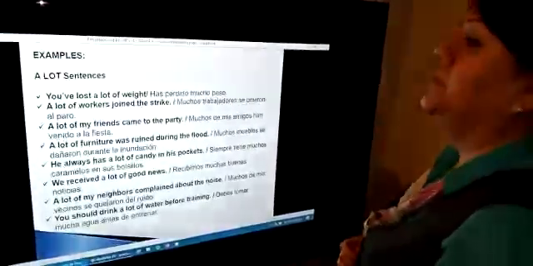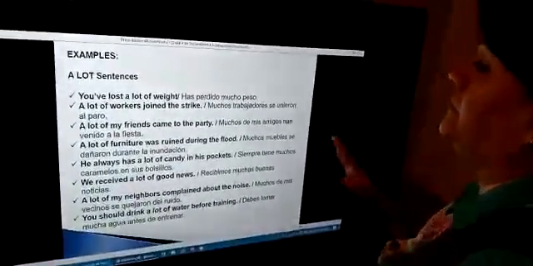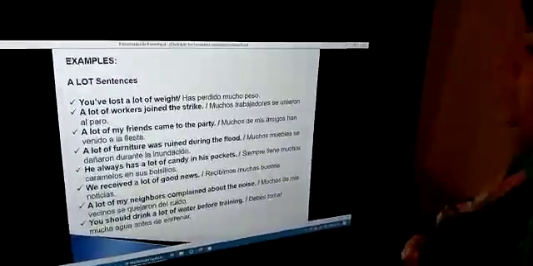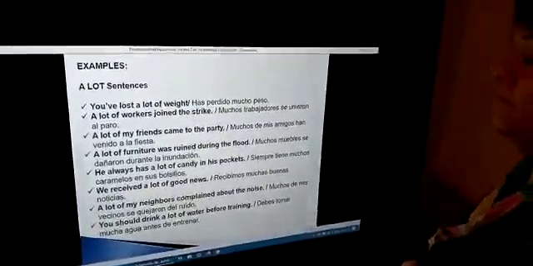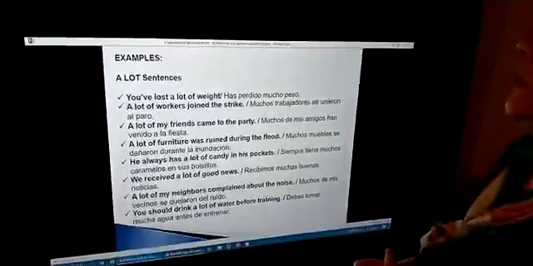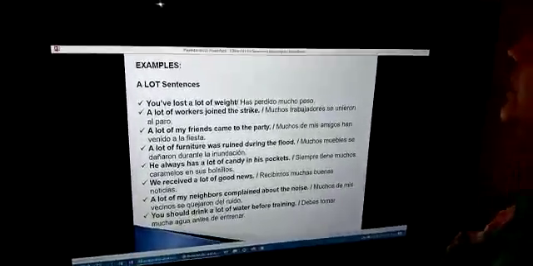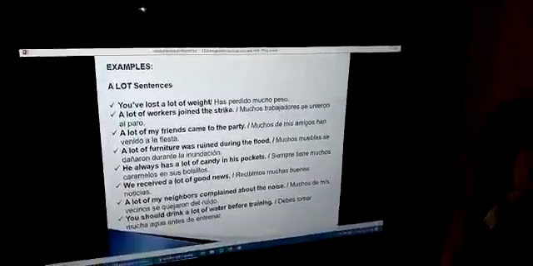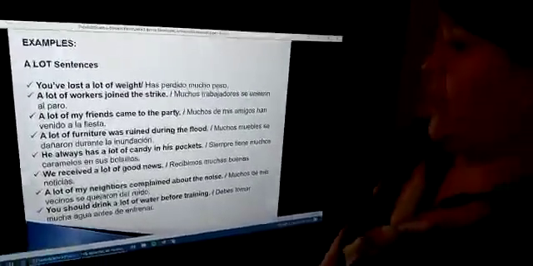A lot of sense is, you lost a lot of weight. Spanish, has perdido mucho peso. And the next question, a lot of workers joined this strike. Spanish, muchos trabajadores se unieron al paro.